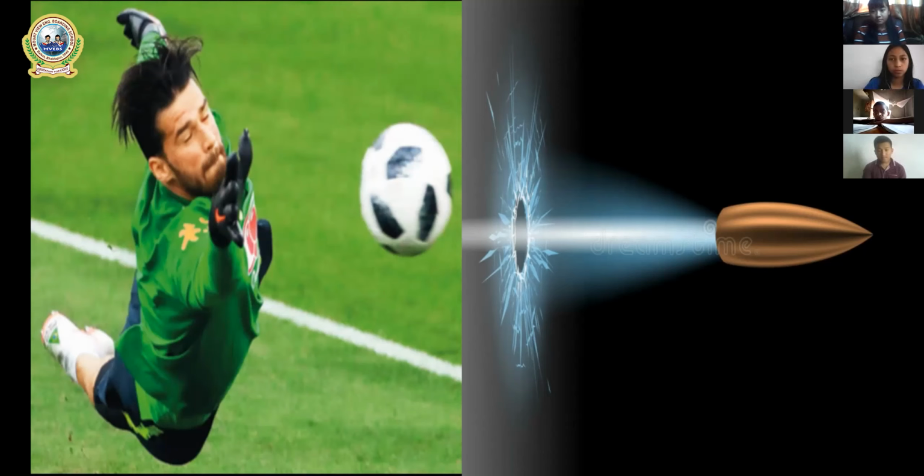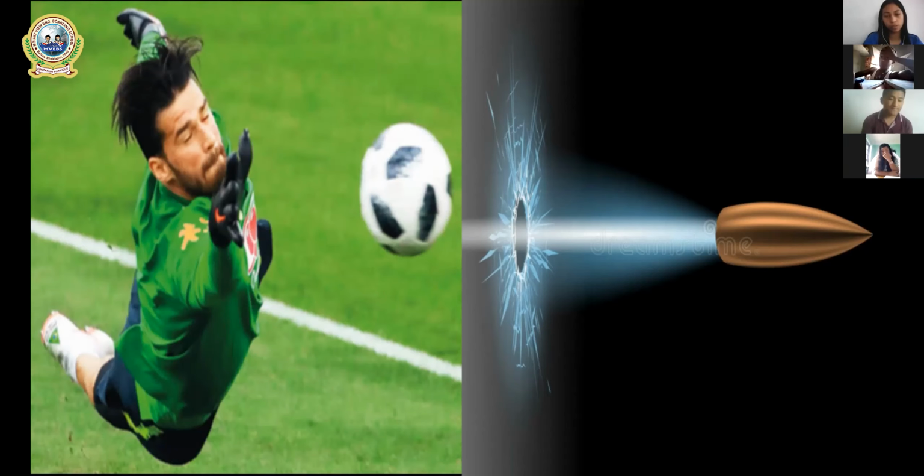We do not dare to catch the bullet, because catching the bullet which is in motion is almost impossible, or is impossible for us. We say like that. But if you compare the mass of the ball and the bullet here, maybe the mass of the ball is more than the bullet. In the previous example, you did not choose the 50 kg mass because you said it is more mass, so it may hurt us.